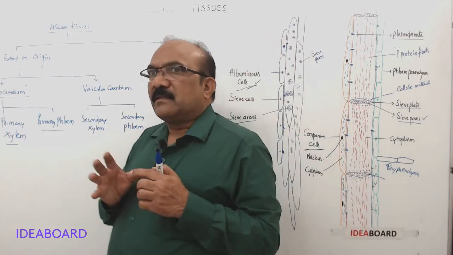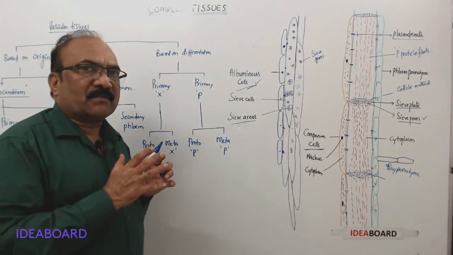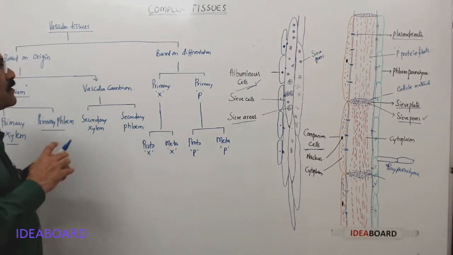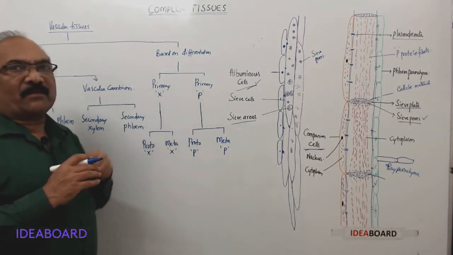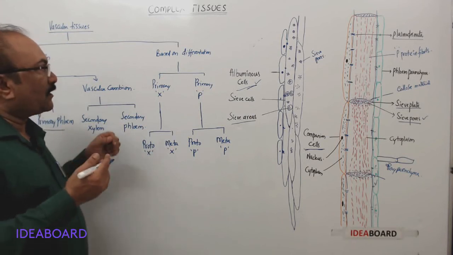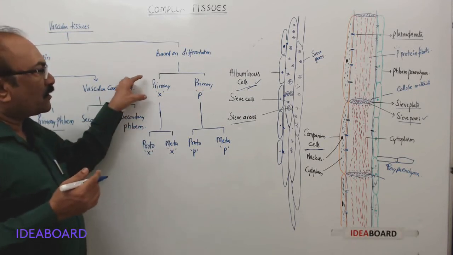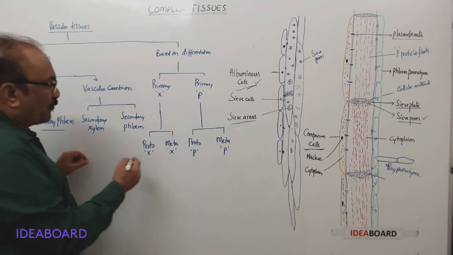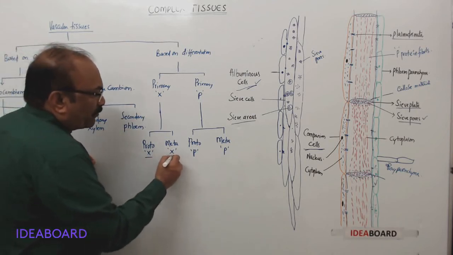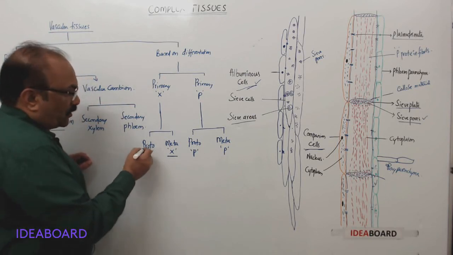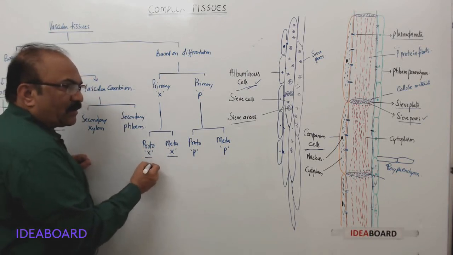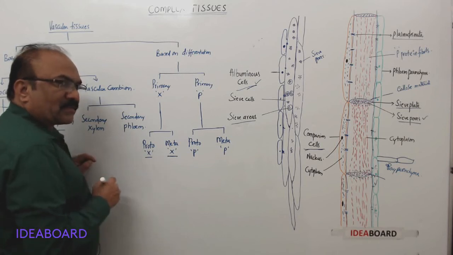But remember that there is certain differentiation or difference you will find between the primary xylem and primary phloem. Based on differentiation, in the primary xylem, the first formed one is called protoxylem, and the later formed one is called metaxylem. The first formed ones are small in size, and they will have annular and spiral thickenings.